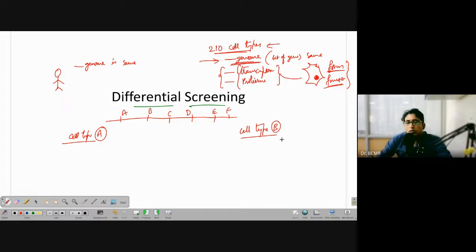And I want to know which genes are common in both of them, which genes are present in B but not in A, and which genes are present in A but not in B.